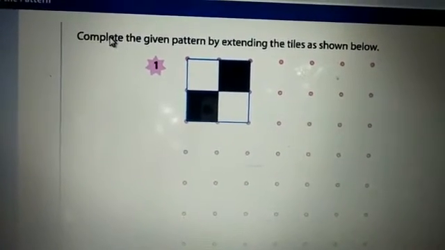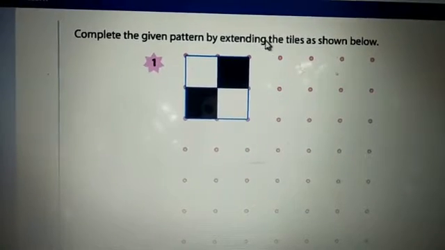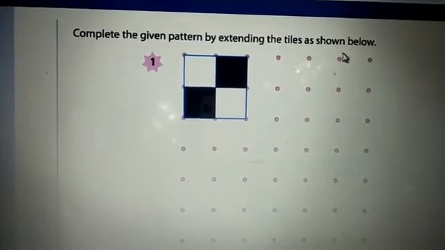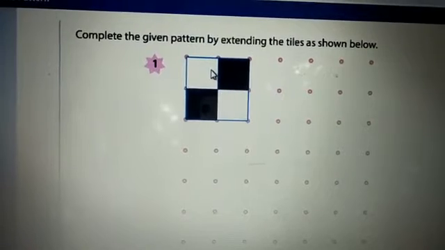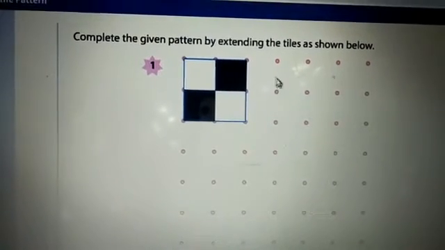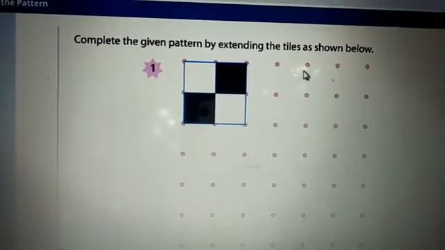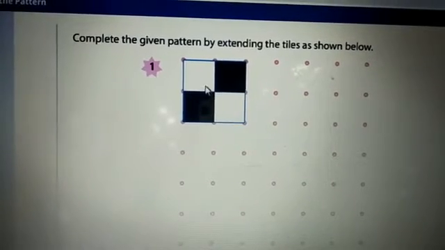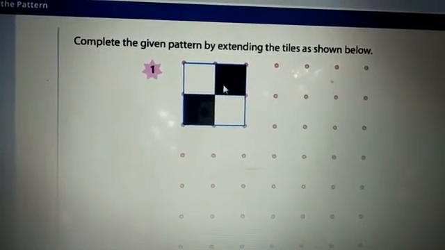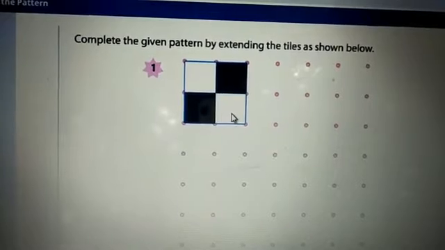This is your next exercise. Complete the given pattern by extending the tiles as shown below. So we need to draw the same square and give the color like white, black, black, white.